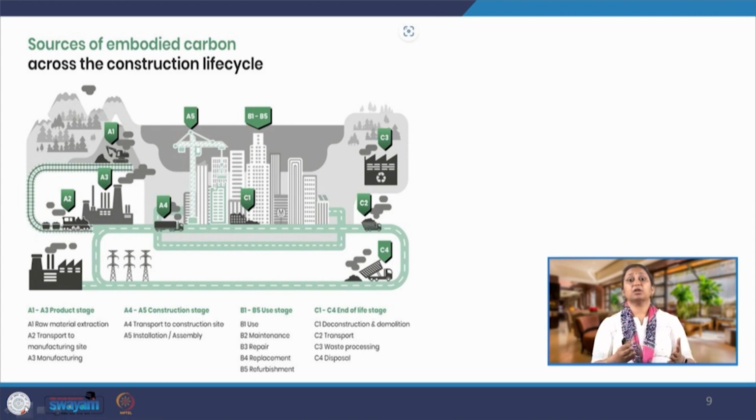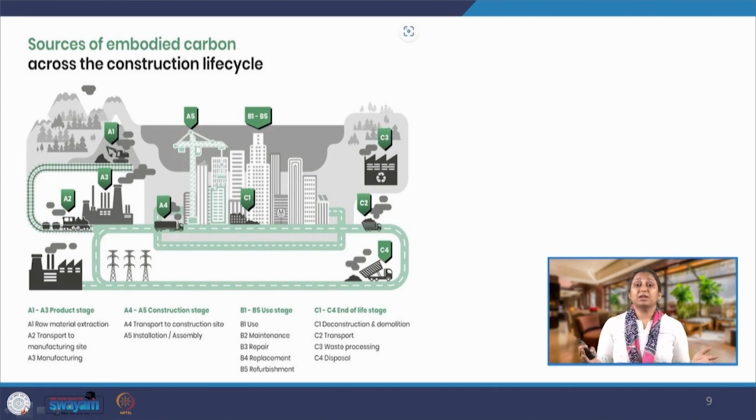And then embodied energy of construction would be when we use that material in the building and construct the building. So, all of this is part of the embodied energy of the construction that has gone into the building. Now, when we say life cycle, there are different definitions and different understandings of this life cycle.